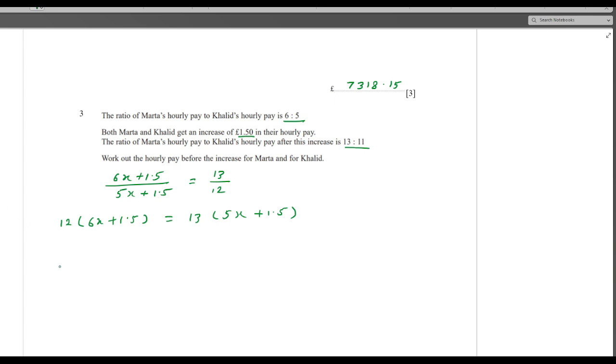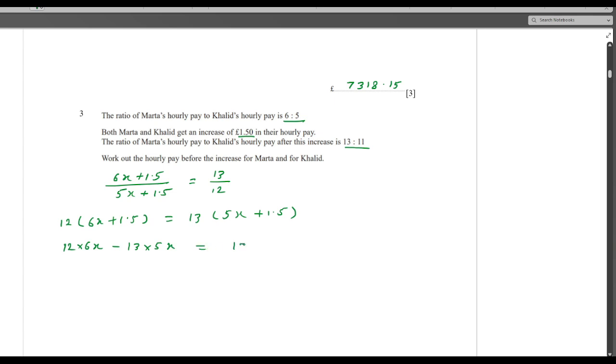So here I have 11 times 6x minus 13 times 5x, which will be equal to 13 times 1.5 minus 11 times 1.5.